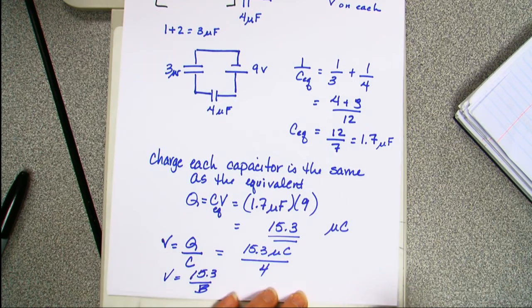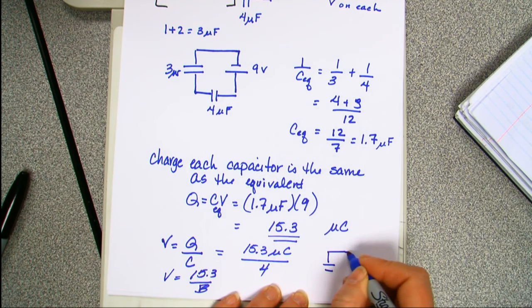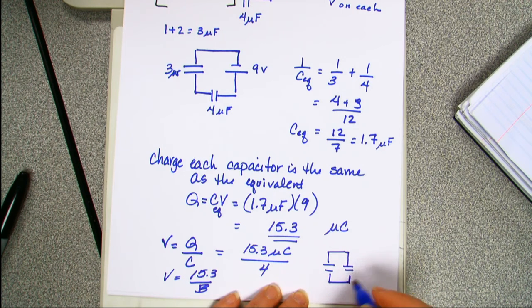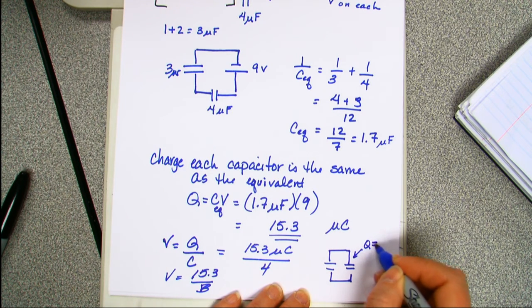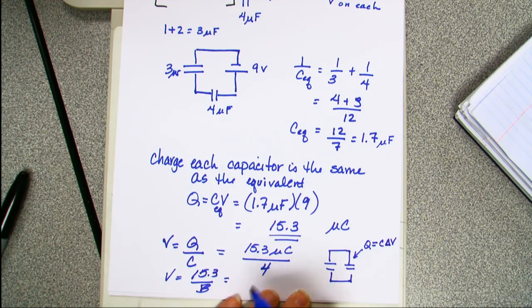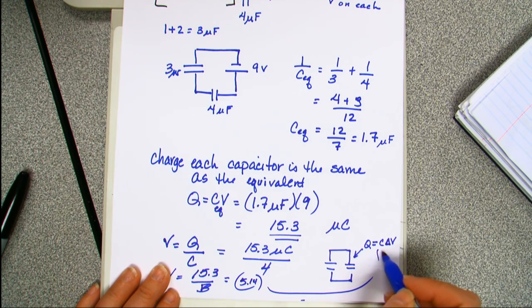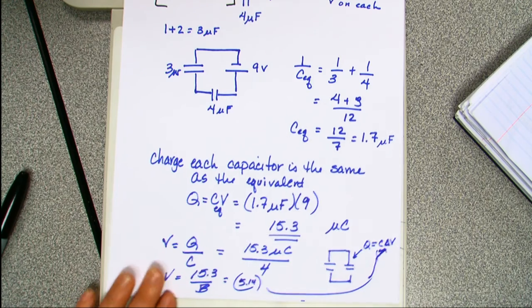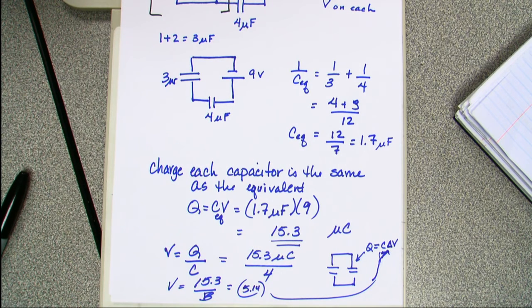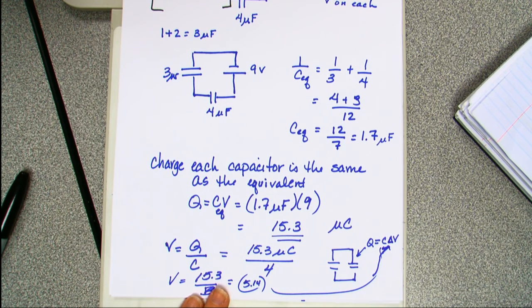And then once you get that, when I'm in parallel, the charge on this one is going to equal the capacitance times my delta V, and this one works out to have a magnitude of about 5.14, and then you just put that in there. You kind of have to do it step by step, but you can work through it.